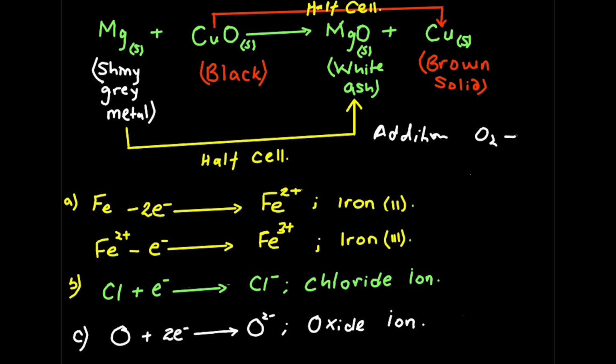If we take magnesium and then moving to magnesium oxide in ion form, that is oxidation. Copper oxide losing oxygen becoming copper metal. Loss of oxygen is referred to as reduction.